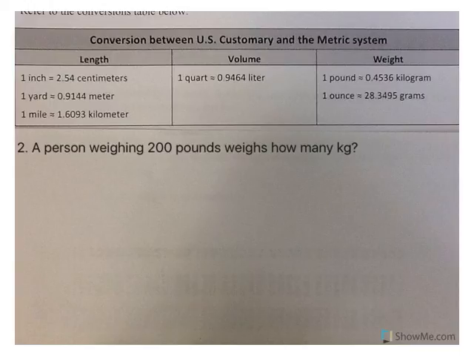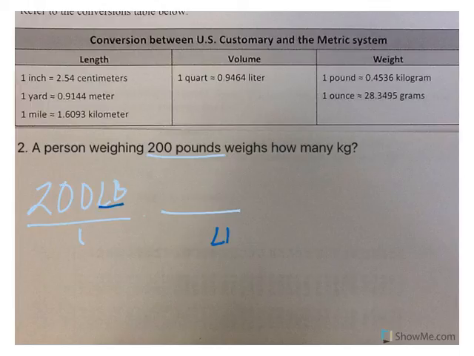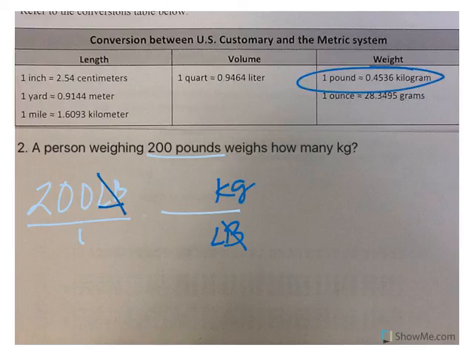All right, number 2. A person weighing 200 pounds weighs how many kilograms? Well, I know we're going to start with 200 pounds. If I want to get rid of pounds up here, I have to put them in the bottom, top to bottom so they cancel out. Based on the chart, 1 pound is 0.4536 kilograms.